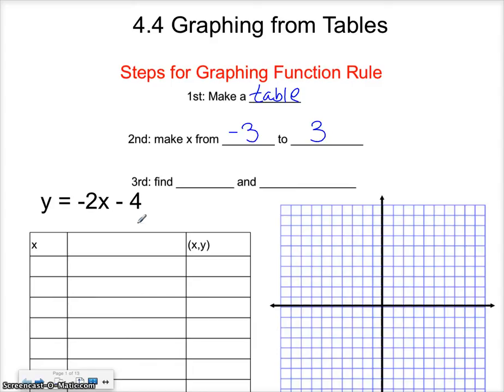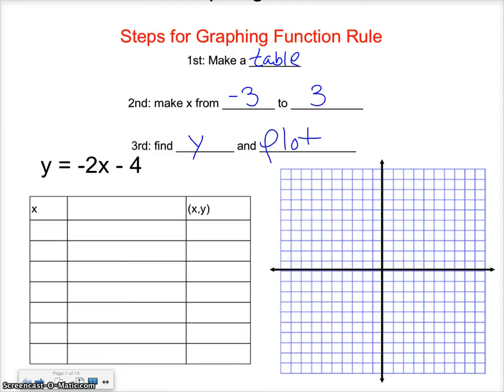Do you have notes? Okay, write that. And then you find your y and you plot the point. So: make a table, make x go from -3 to +3, and then plot your points.